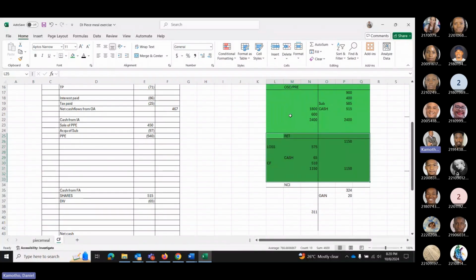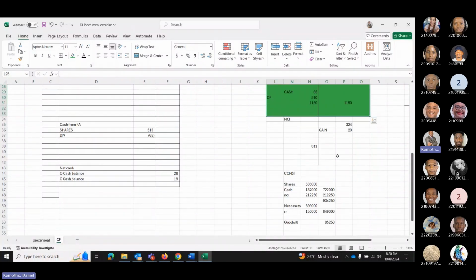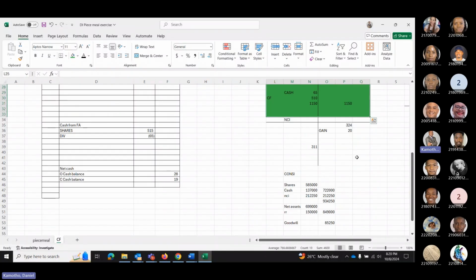Now we only need to close NCI. NCI, I think this is the bigger side. And we can say the balancing figure is an outflow, which is equal to the difference between this and that, which is 33.